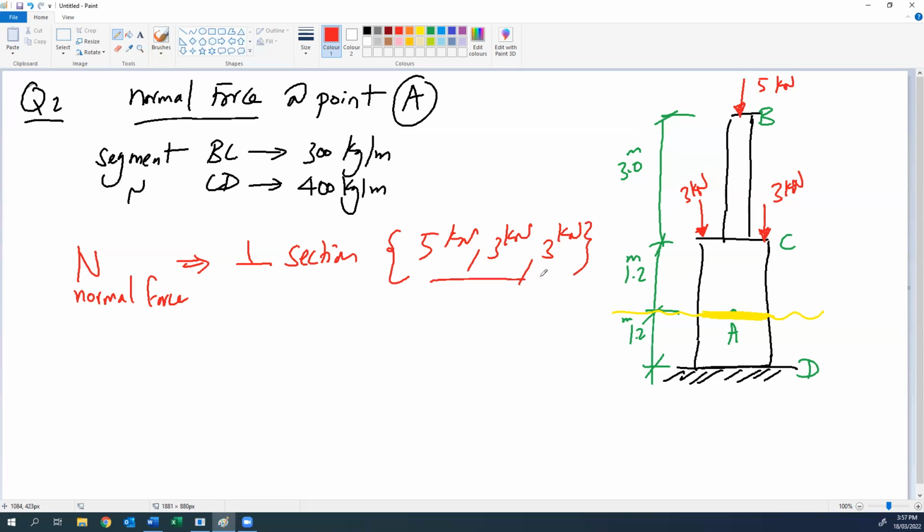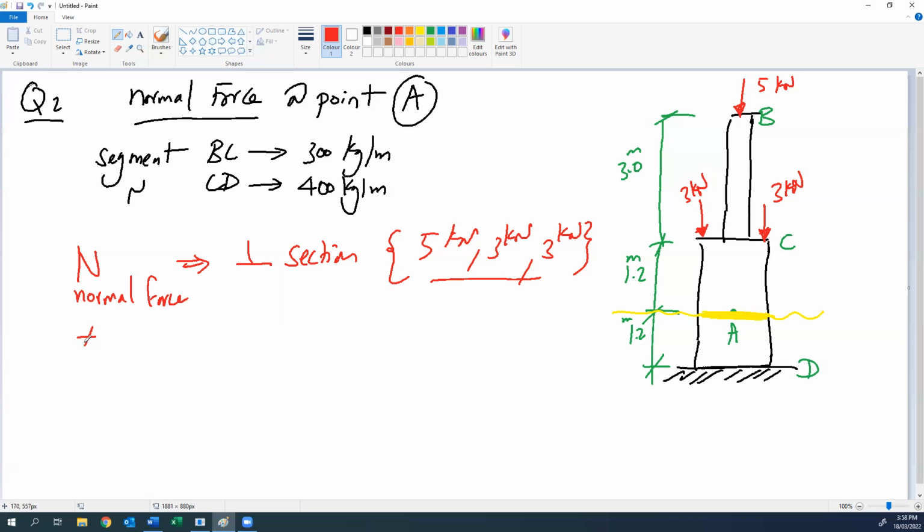These are the forces causing normal force. Do you have any idea if there are any other forces acting as normal forces for section A? What about the weights of this part? If this part has weight, yes, good. So this weight should be included.